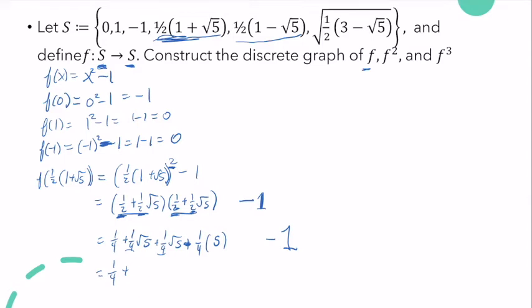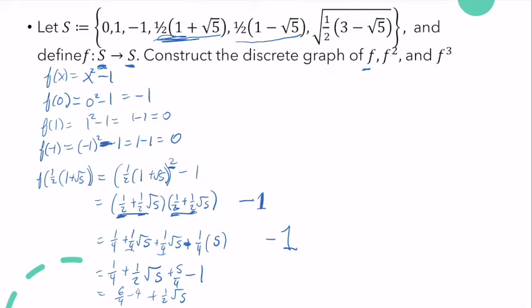That's going to give me a 1/2, right? 2/4 make a 1/2. And then I have 1/4 times 5. That's 5/4 minus 1. So I've got 6/4 minus 1 plus 1/2 square root of 5.